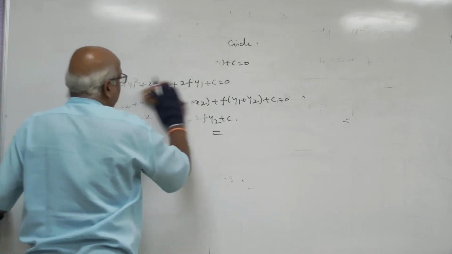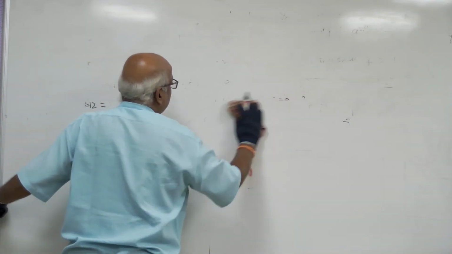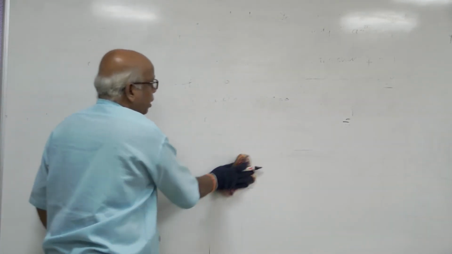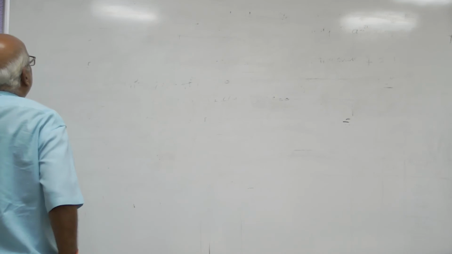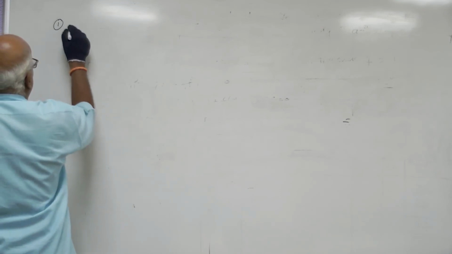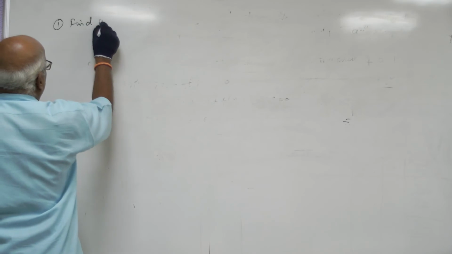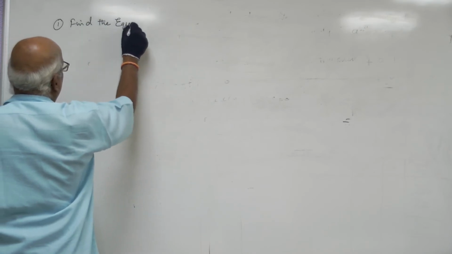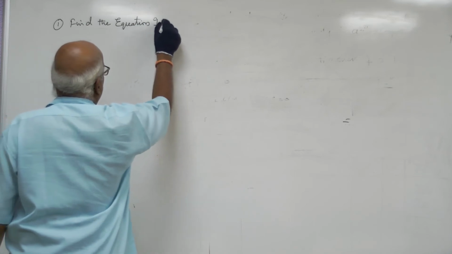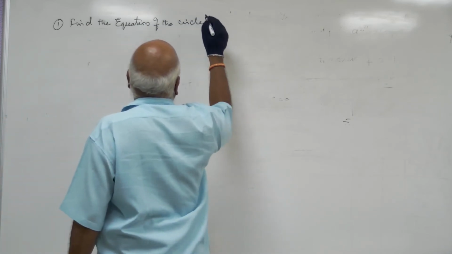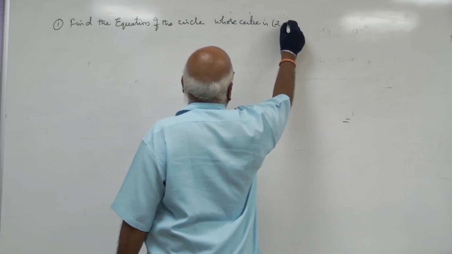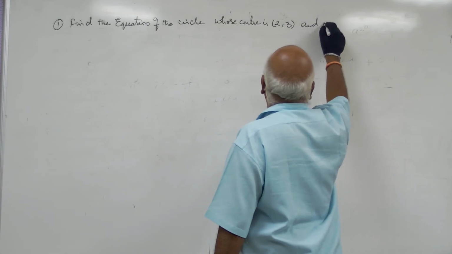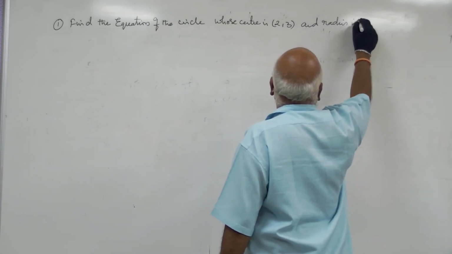Now, based on the theoretical points that we have studied, I will work out model 1 problems, and for model 1 I will give one problem as homework or assignment. Number 1, find the equation of the circle whose center is 2, 3 and radius is 5.